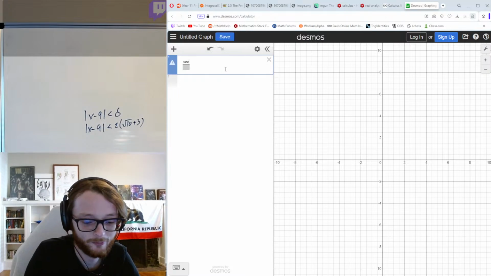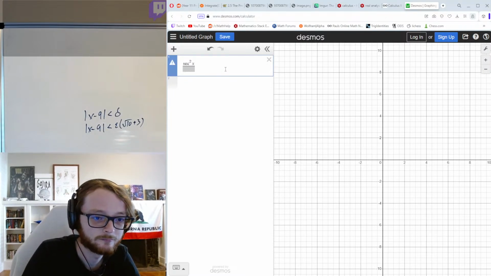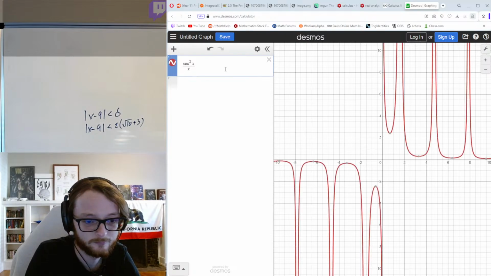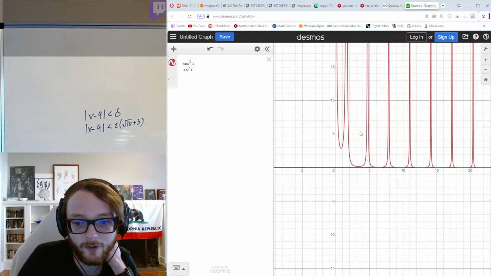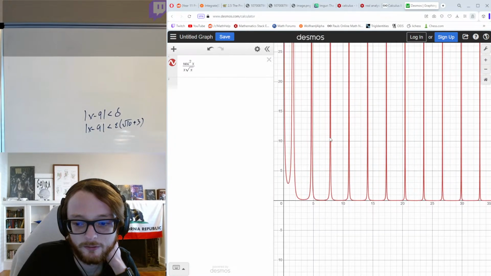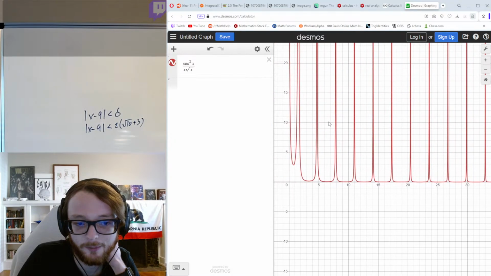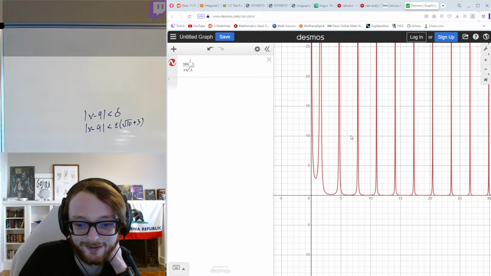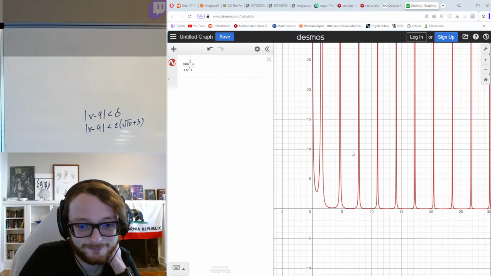So I still want to see what the function looks like. Oh yeah, of course it wouldn't be defined for negative x. Huh, it's kind of interesting. I guess it's adjusting the amplitude of secant. Okay.